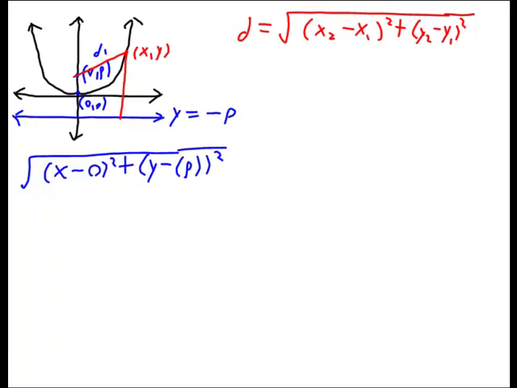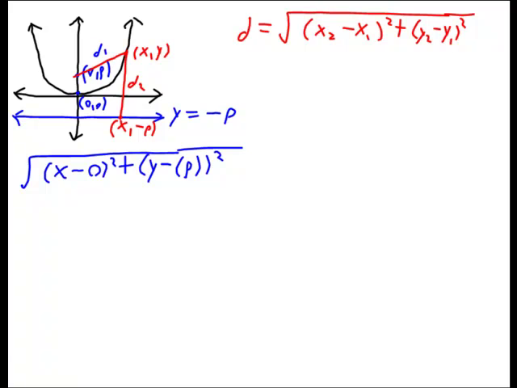And that's squared. Okay, with that in mind, now what is the distance of our other line? I'll call that line d2. Well, we're coming down to this point. Since it's a straight line down, that means the x-coordinate there is going to be the same x, but the y-coordinate is negative p.